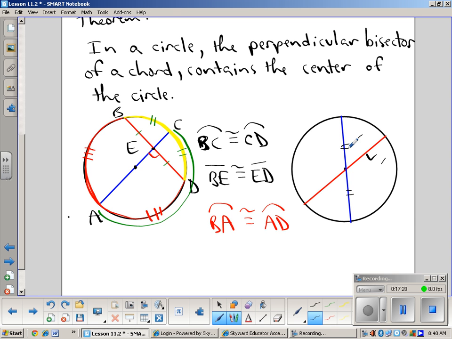If they're diameters, they pass through the center. And so the distance from the center to the circle is equal on both sides, isn't it? So this is equal to this. They're no longer perpendicular, are they? Yes or no? Is the red and blue line perpendicular? No, it's not. Okay?